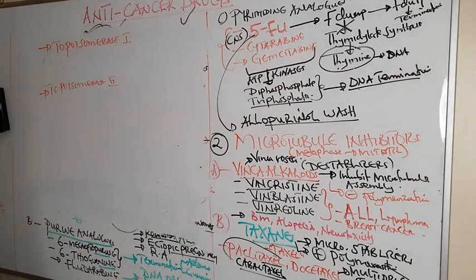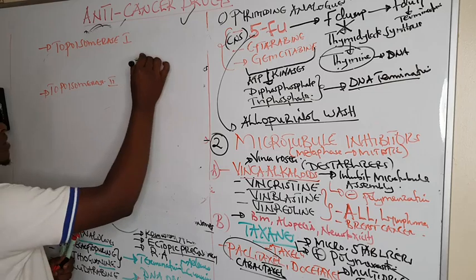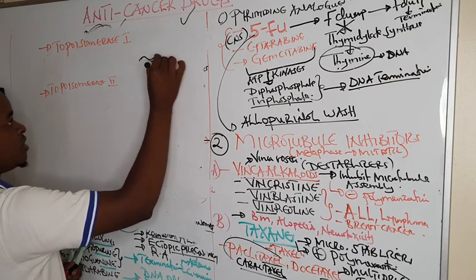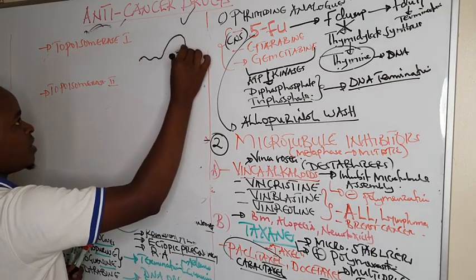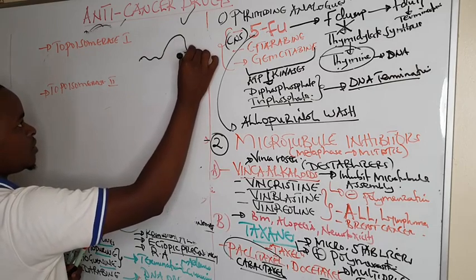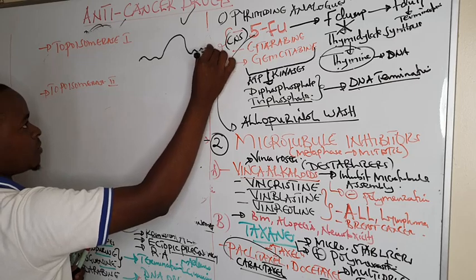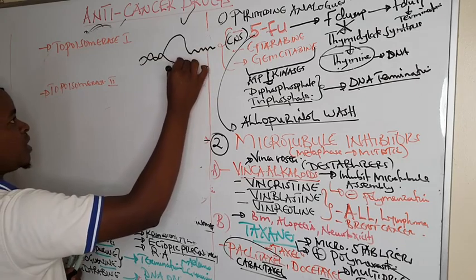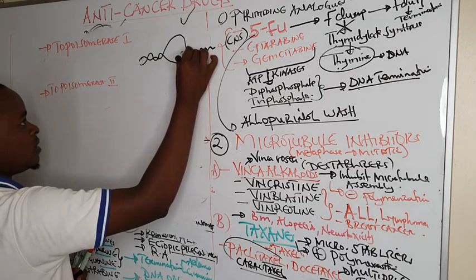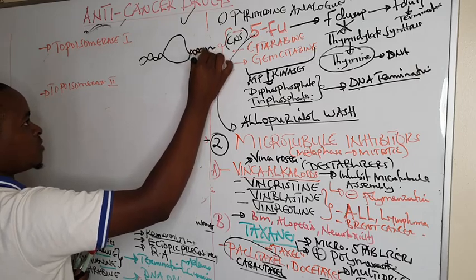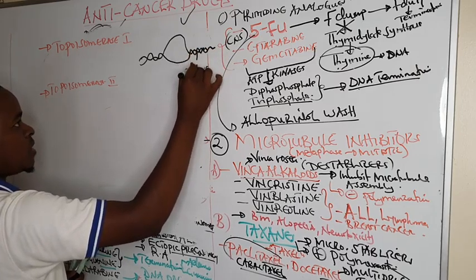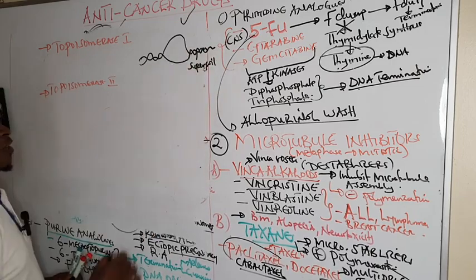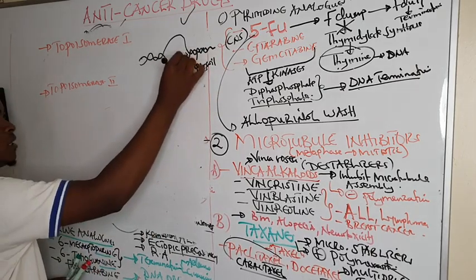So these are topoisomerase inhibitors, type 1 and type 2. And topoisomerase, what is its function? That is the first thing we need to know. During DNA replication, if I form a replication fork, as helicase is cutting, it causes what we call supercoils. So these are the supercoils formed during DNA replication by the helicase enzyme.